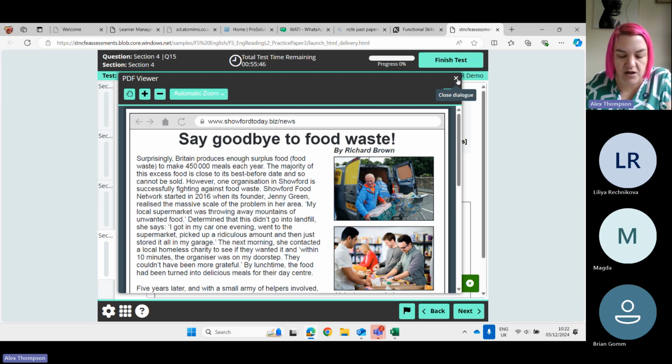And I think overall, it's quite positive about it. It uses a lot of exaggeration, like at one point it mentioned a mountain. Here we go, a mountain of unwanted food. So it's using something called hyperbole or over exaggeration.